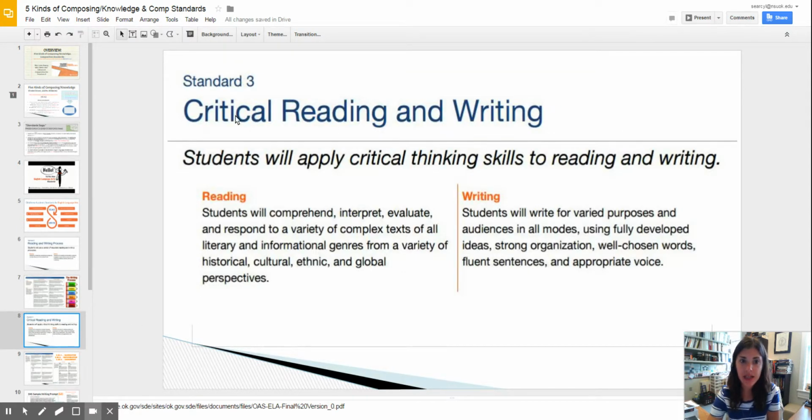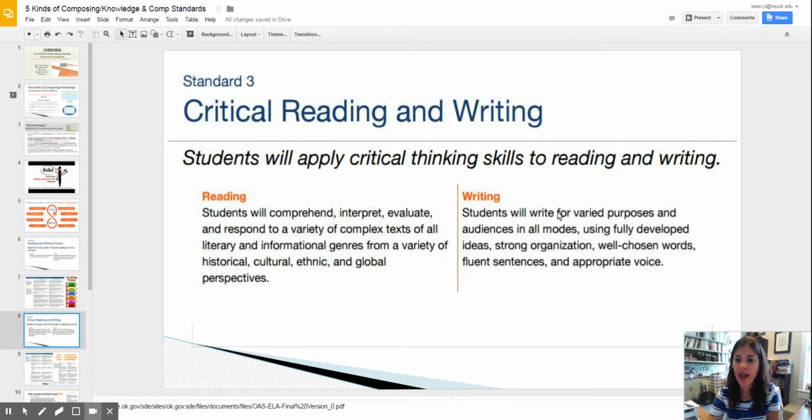Standard 3 is critical reading and writing, which simply means that we will be applying critical thinking to our reading and our writing. So, as students and future teachers, we will comprehend, interpret, evaluate, respond to a variety of text.